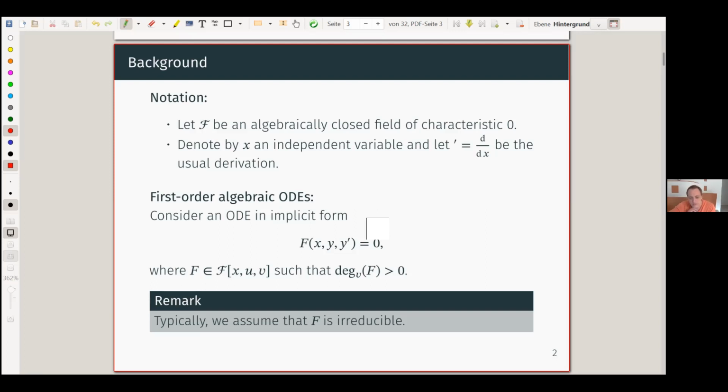And when I say it's algebraic, I mean that this function f is actually a polynomial, and degree of y prime is at least 1, means of course that y prime actually appears in this differential equation. Otherwise, it wouldn't be first order. And typically, I will assume that f is irreducible for constructing solutions. I mean, if it's not irreducible, just factor it and consider the solutions of each individual factor.